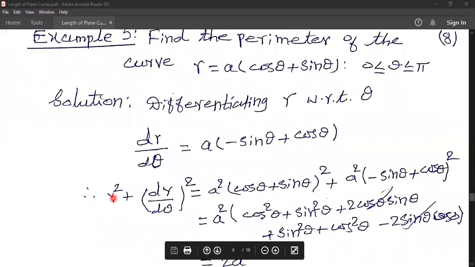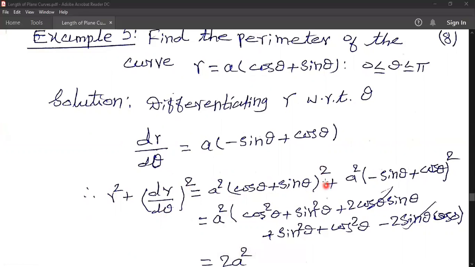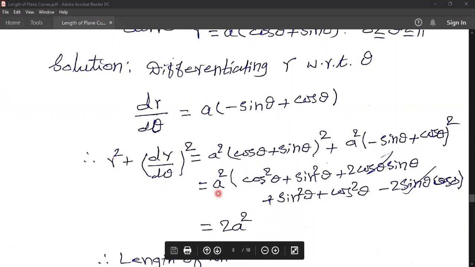Then we find r square plus (dr by d theta) square. R square is the given value, that is a square (cos theta plus sine theta) square, and the square of this value, that is a square (minus sine theta plus cos theta) square.